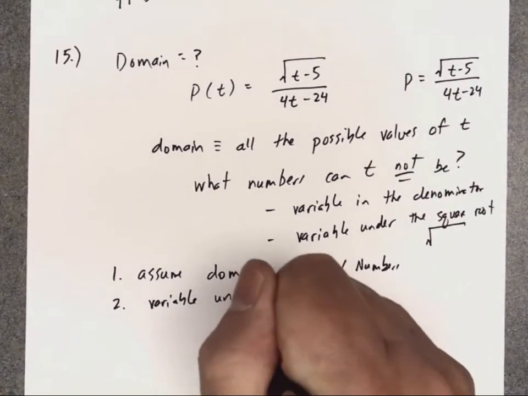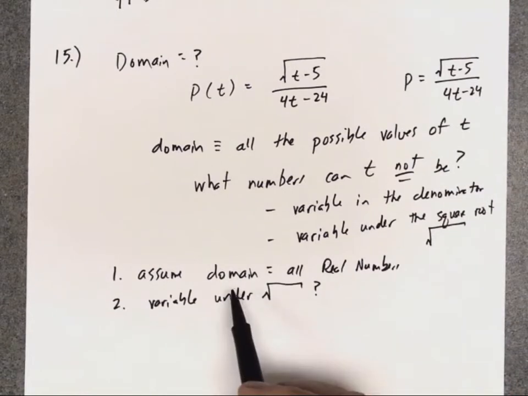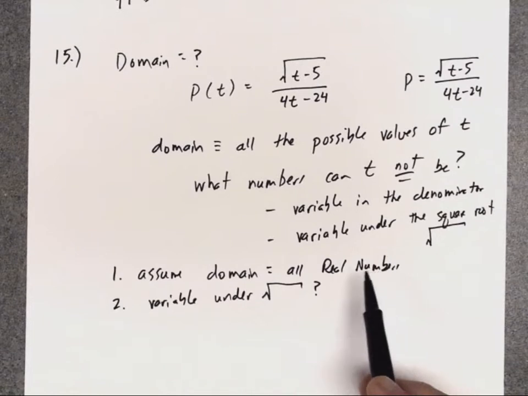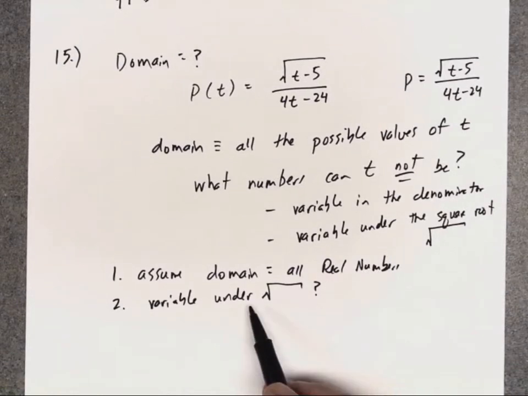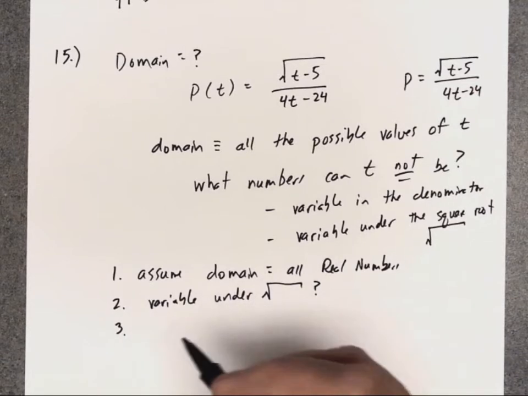If my function has a variable under the square root sign, then I have to change my domain. My domain is not going to be all real numbers anymore. It's going to change. And after I figure this out, then I have to look at the second thing.